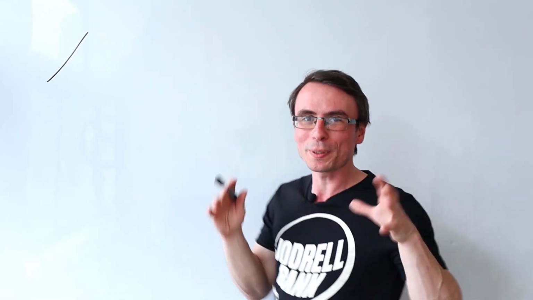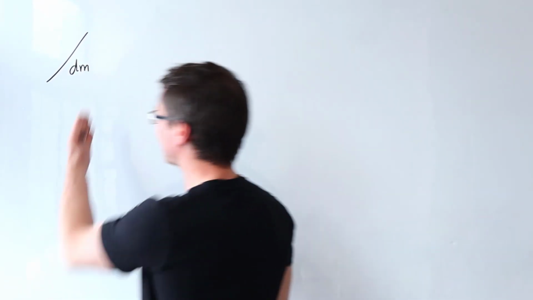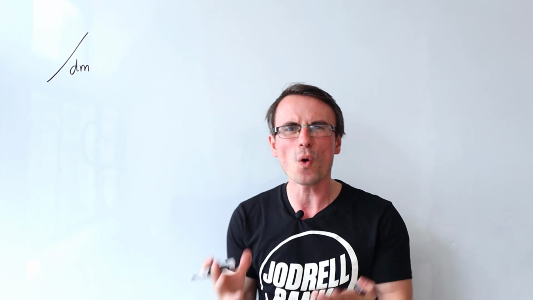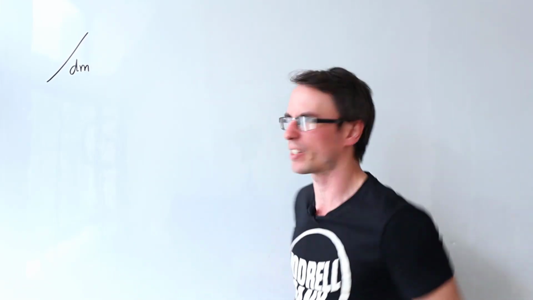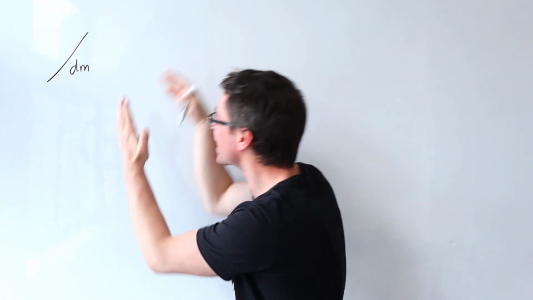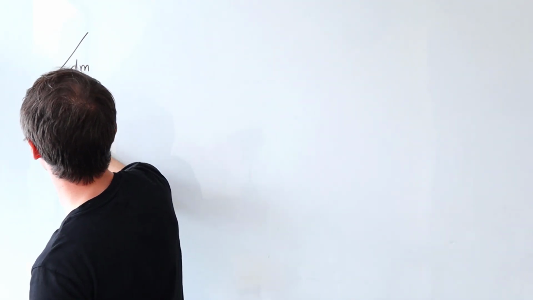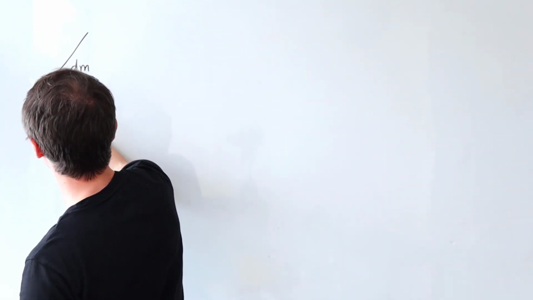We start off with a small part of the chain, which I'm going to just call dm. Now, what forces are acting on this? First of all, we have the tension force, which will be acting along the string, and this means that we're going to have a tension vector that is acting along here.